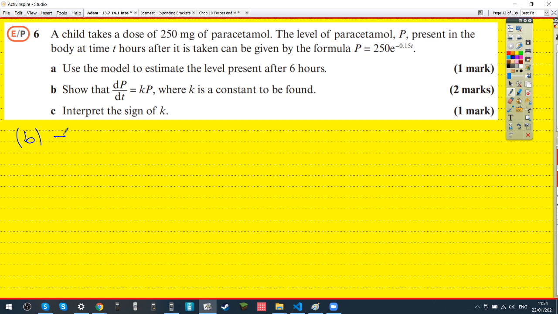Nope. So how did you get minus 75 over 2? I multiplied 0.15 by 250. So it's minus 0.15 times 250 e to the minus 0.15t.